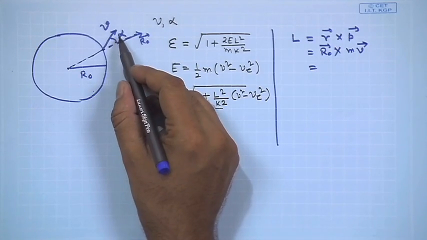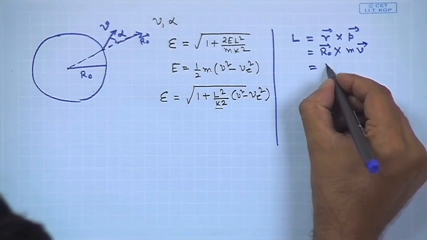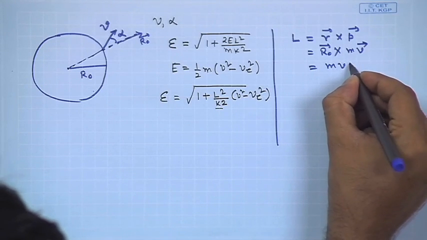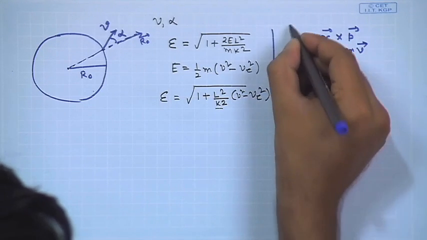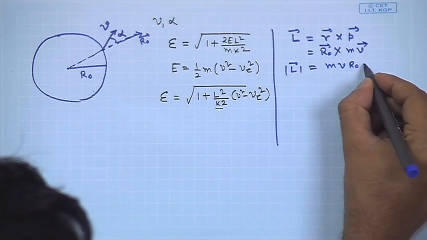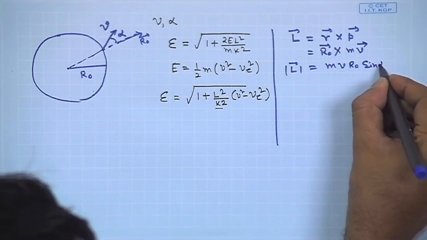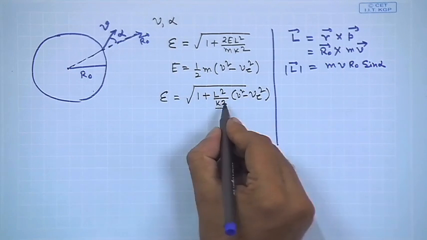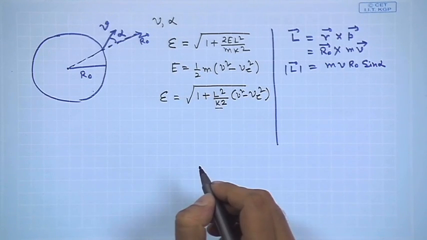So, r0 cross m v, and the magnitude of this vector L will involve sin alpha, and we are only interested in this magnitude here.